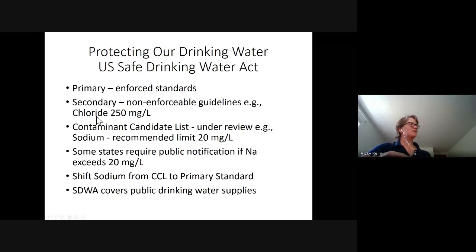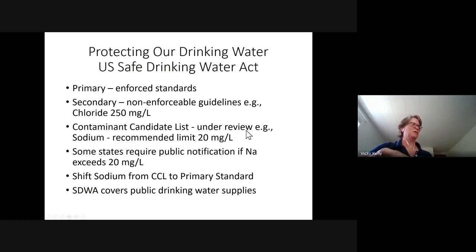There are secondary standards. These are non-enforceable guidelines. Chloride fits in that category, and the recommendation by the EPA, who administers the Safe Drinking Water Act, is 250 milligrams per liter. And then sodium is on this contaminant candidate list, which means that it's under review.